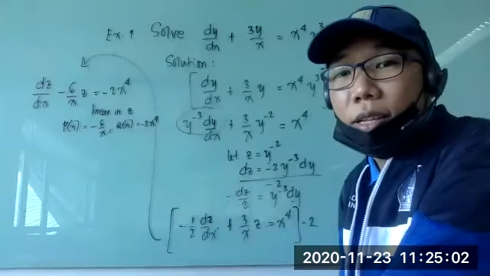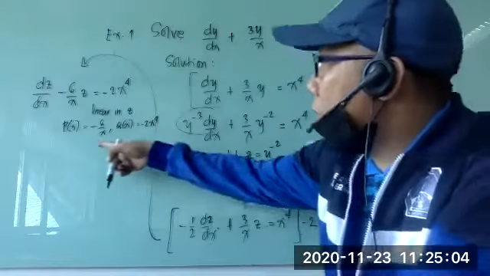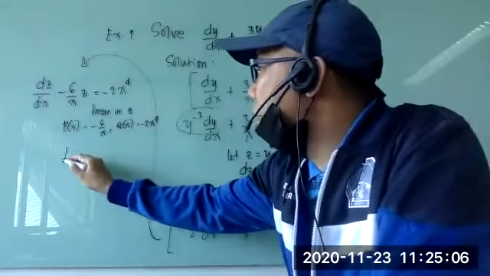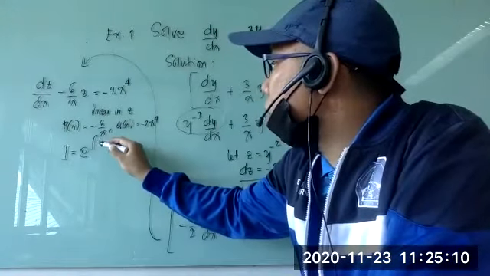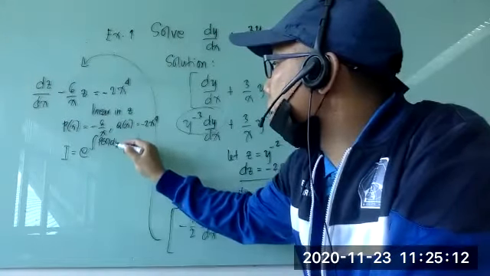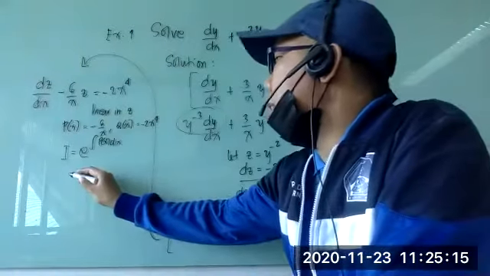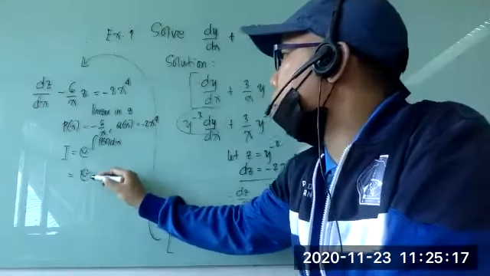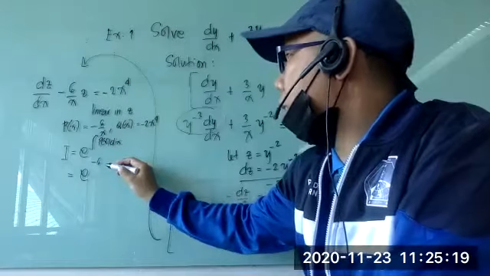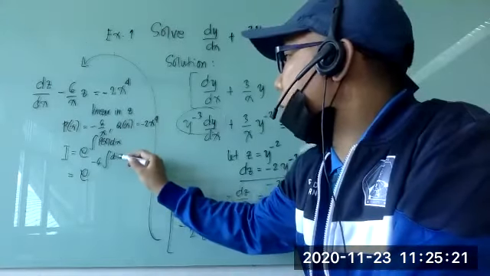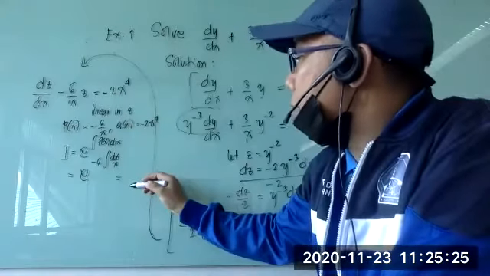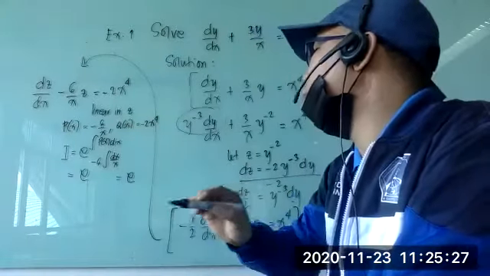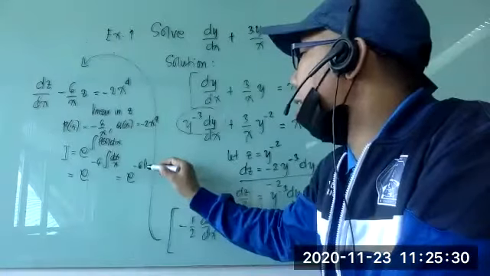Okay? Nasundan, guys? So, bakit ko inayos ng ganito? Because I'm going to determine the integrating factor. E raised to integral of p as a function of x times dx. And the integrating factor will be e raised to negative 6 integral of dx over x. And this will become e raised to negative 6 ln of x.